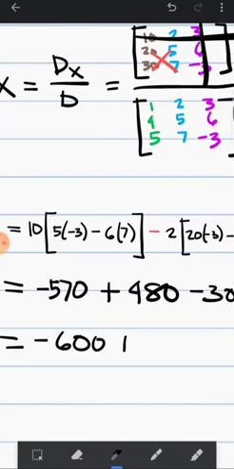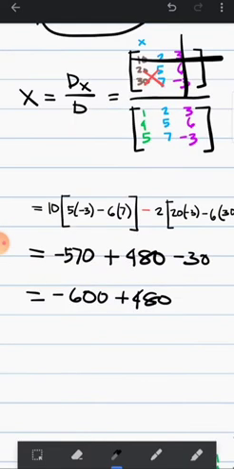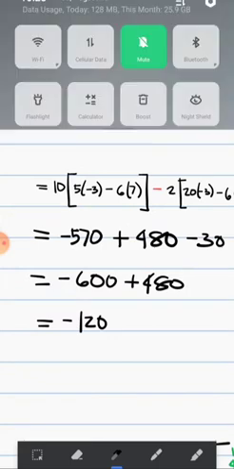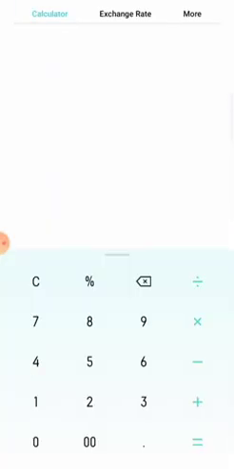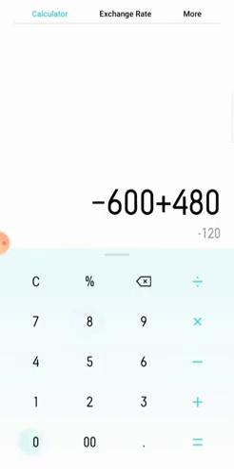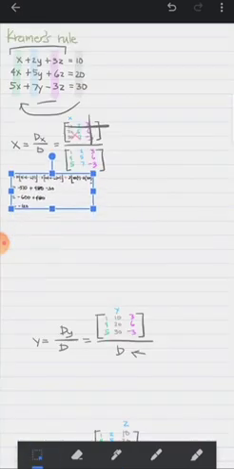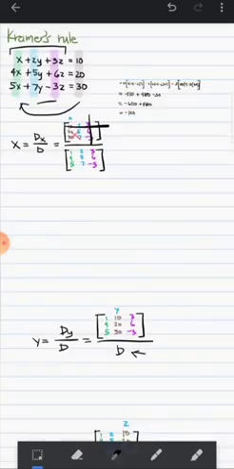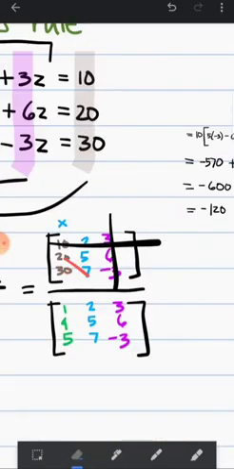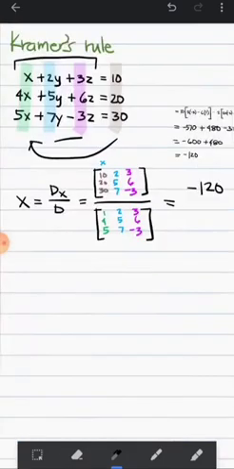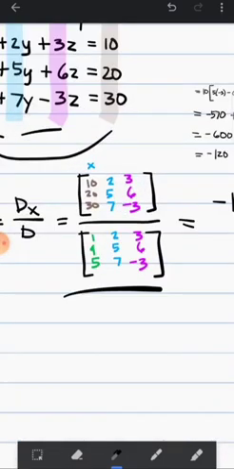And then plus 480, so that would be negative 120. Let's check. 600 plus 480. Right, it's negative 120. So we will just put this negative 120 here. And again, solve for the determinant below.